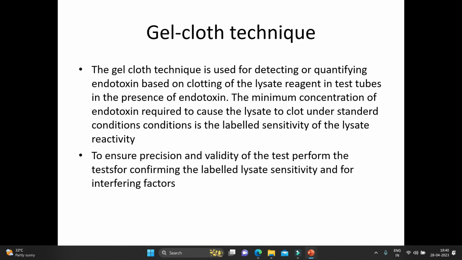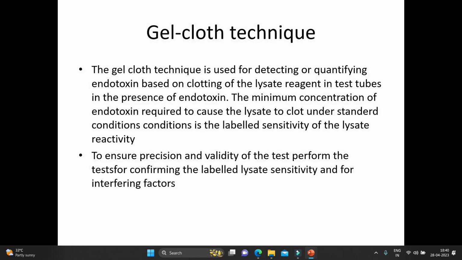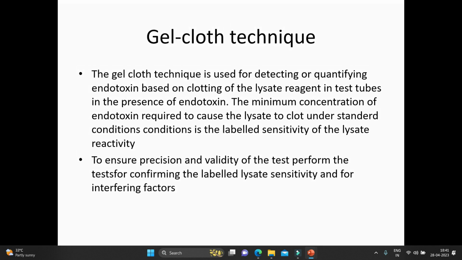If endotoxin is present, the lysate reagent will clot in the test tube, and that can identify the sensitivity of the lysate reactivity. It is also used to confirm the precision and validity of the test, the label lysate sensitivity, and interfering factors.